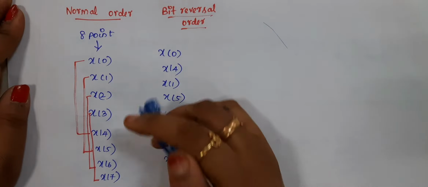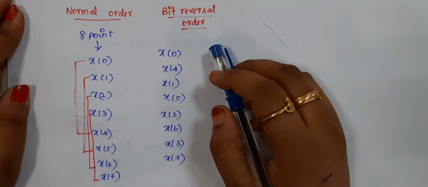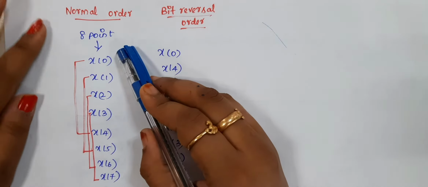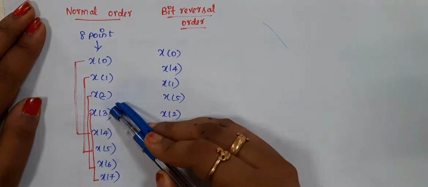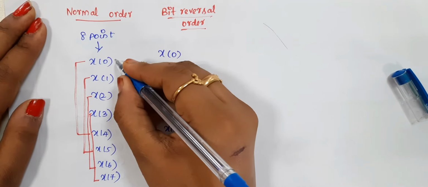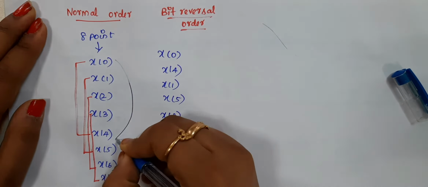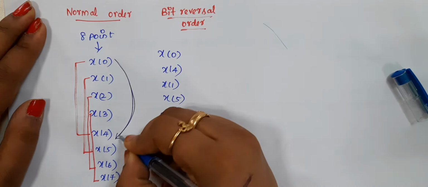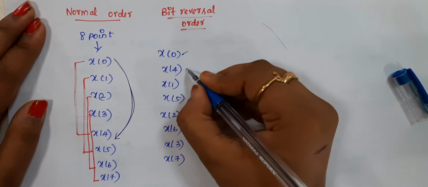So next we can see what is a normal order and what is a bit reversal order. For the normal order, x of 0, 1, 2, 3, 4, 5, 6, 7. And for the bit reversal order, this x of 0 will be combined with x of 4, so x of 0, x of 4.